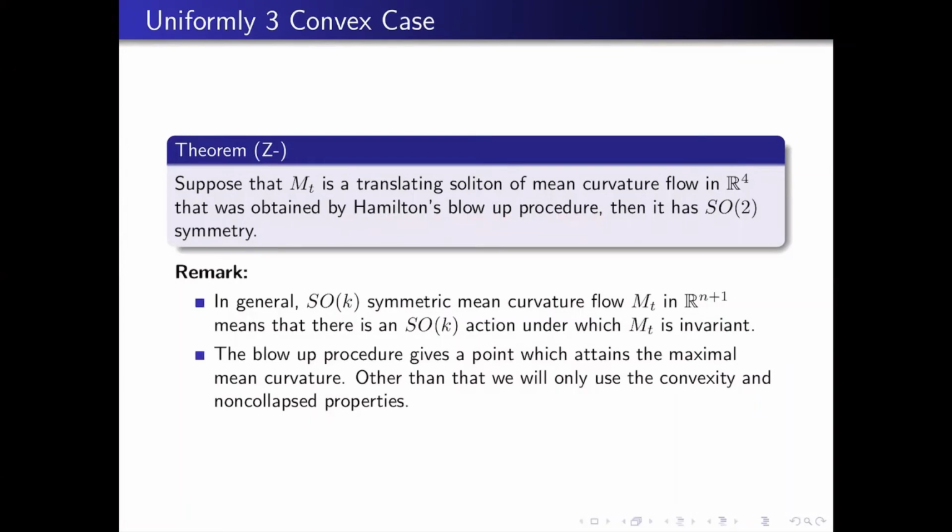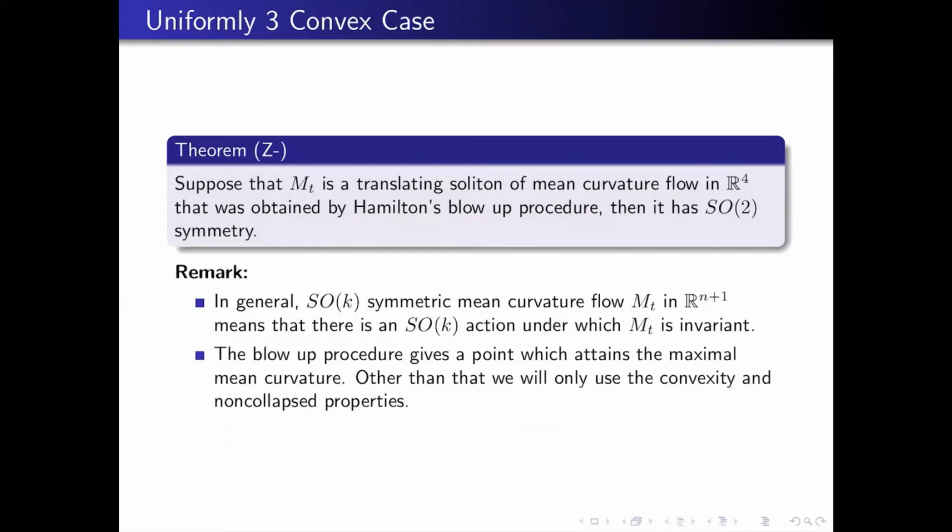So the SO(k) symmetry means that there's an SO(k) action under which the surface is invariant. I should remark that for most of the time, we only use that the solution is convex and non-collapsed.